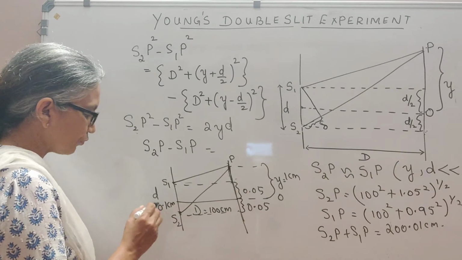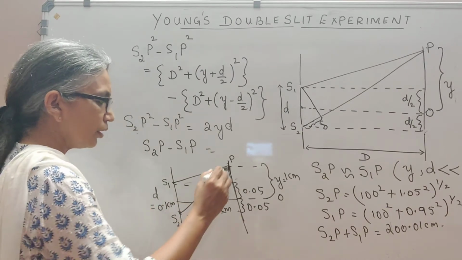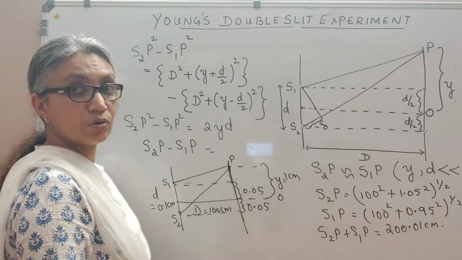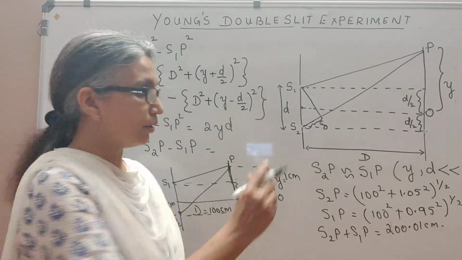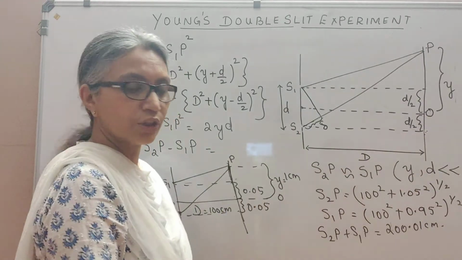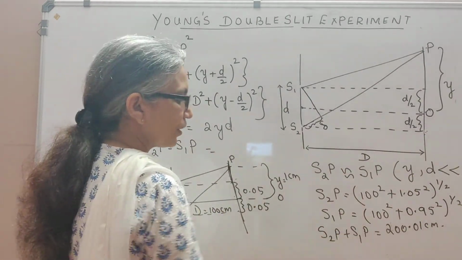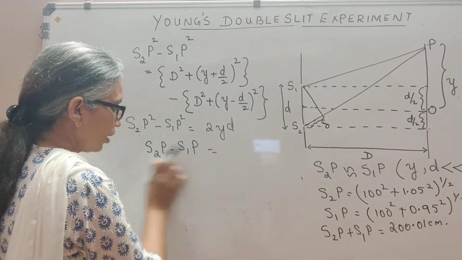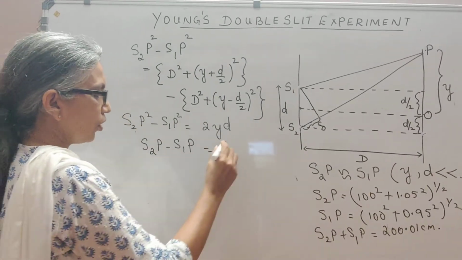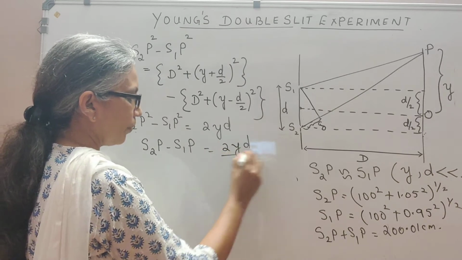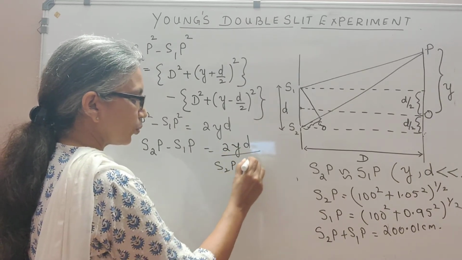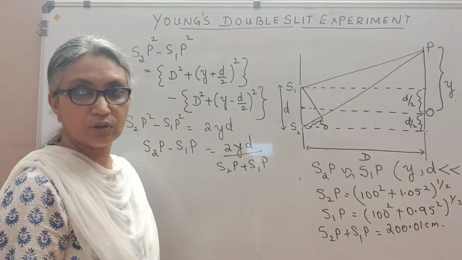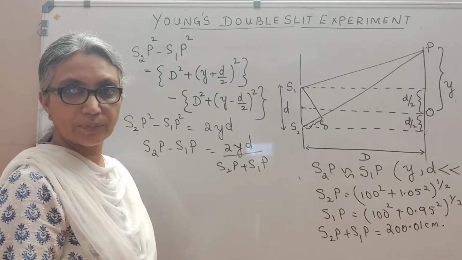So you will notice that we have taken small d as 0.1, this Y as 1, but capital D is 100. So D is much larger than small d and Y. In such a case, you will see that S2P plus S1P is around 200, which means in our equation here, where we got this as 2Yd by S2P plus S1P, this S2P plus S1P is, as I said after calculation, 200.01 centimeter.